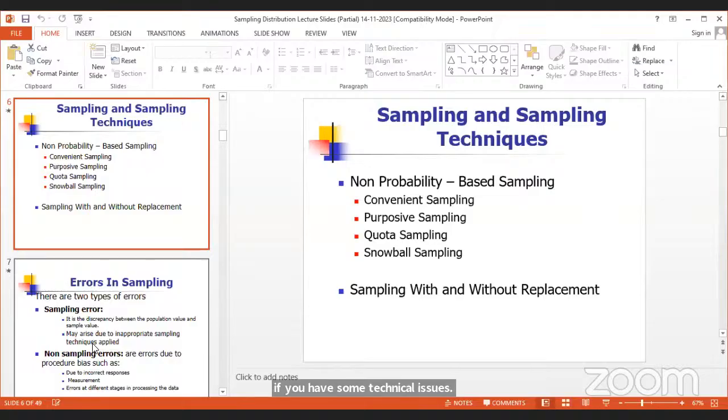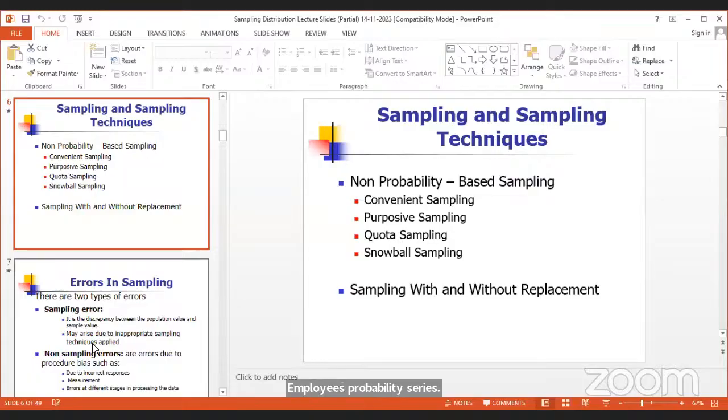Okay, so let's look at probability sampling. Remember, I said that you have two types of sampling. You have one that employs random techniques, employs chance mechanism, employs probability theory in its selection. That is probability-based sampling.